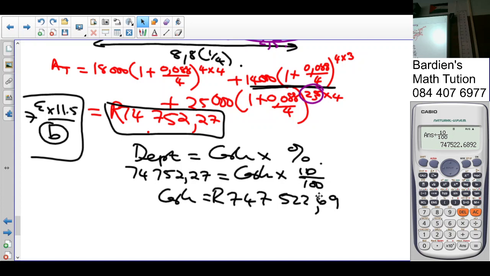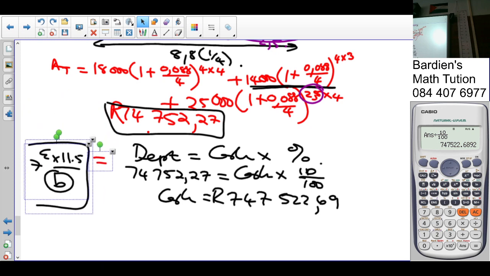Okay. Normally we work from the cash price times the interest and we get the deposit. Here we're working in reverse. Okay. So this is normally the problem. Working in reverse. Alright.